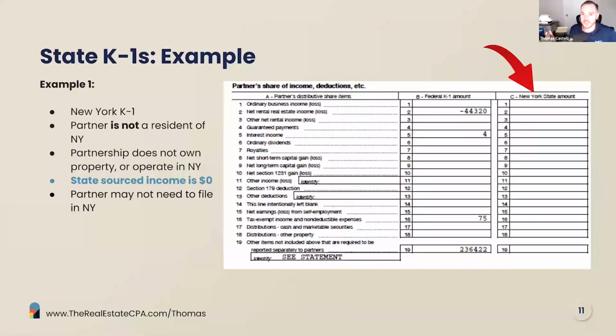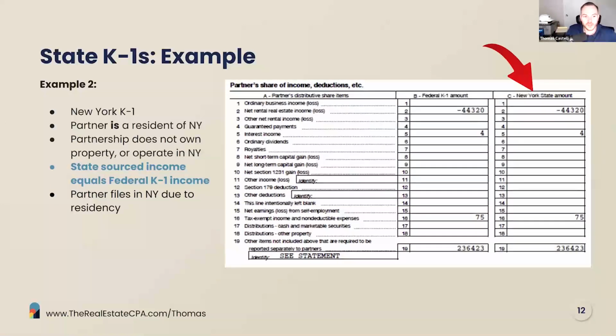New York's a very interesting state, as is California, but you may receive a K1 but may not need to file it. Conversely, if you are a resident of New York and the partnership does not own property, you still may have to file because now you're a resident of New York, right?